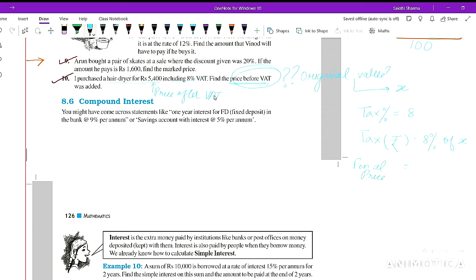The final price will be original price plus the tax. Original price is X. The tax is 8% of X. And the final price is given as 5,400. We shall be solving this equation and find out X.